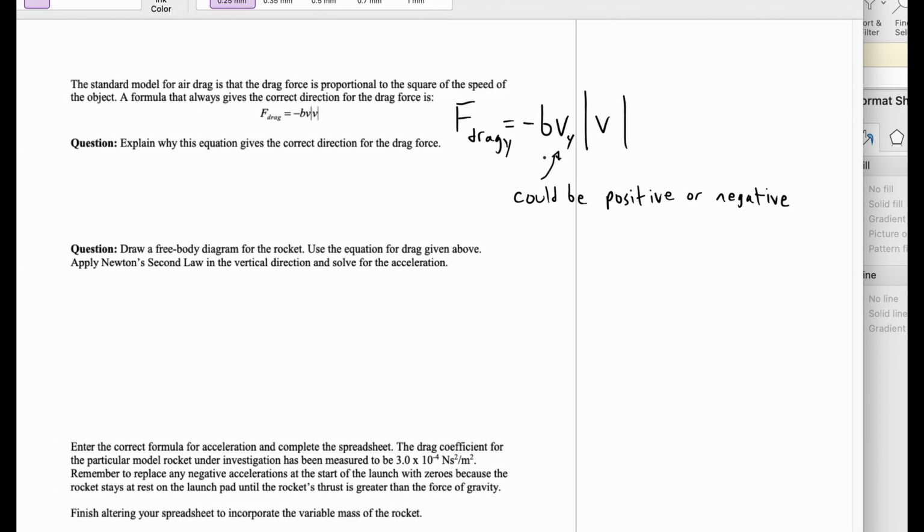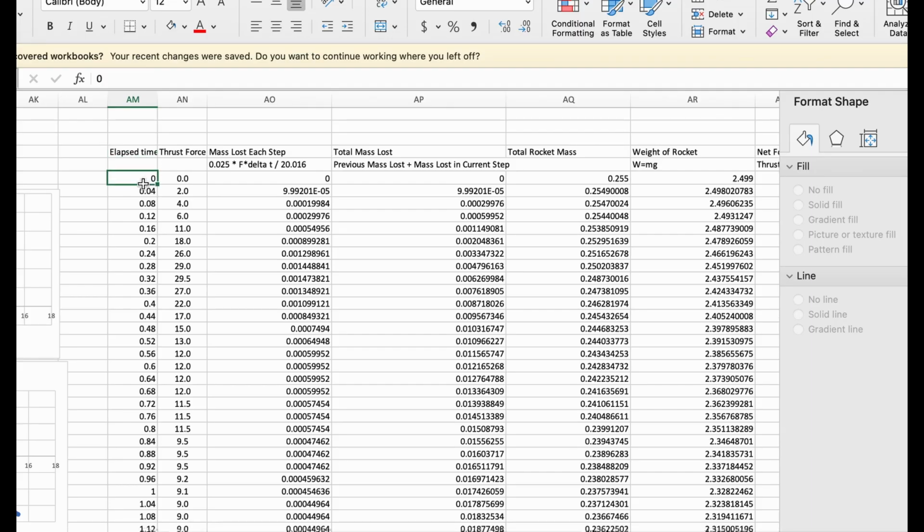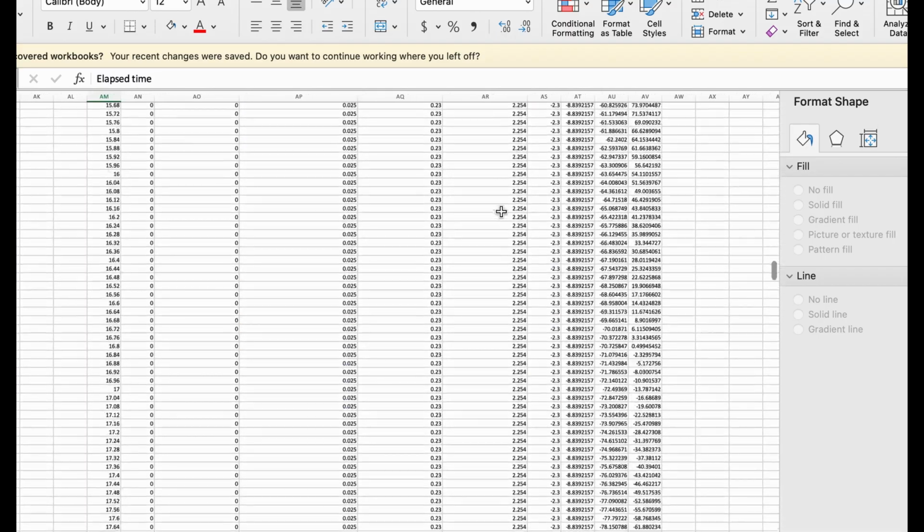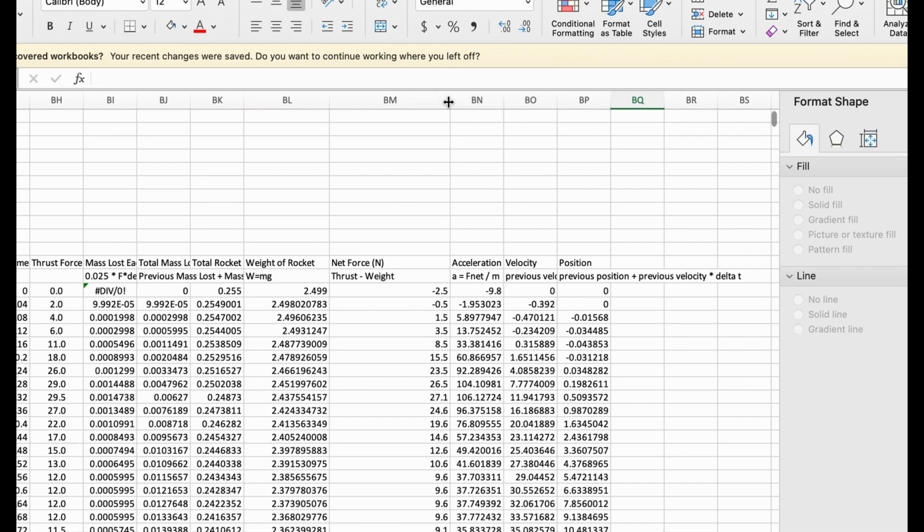Alright, so let's see if we can add an extra column for this drag force, and then we're done. I could copy everything over, just add in one more column of drag. So when it comes to the net force, we want thrust minus weight plus the F drag.